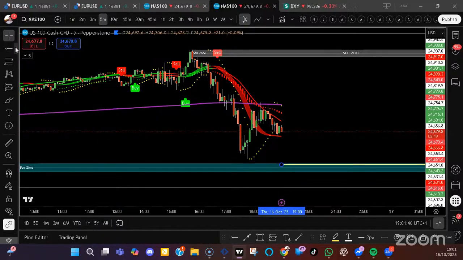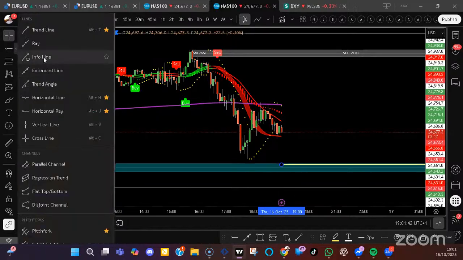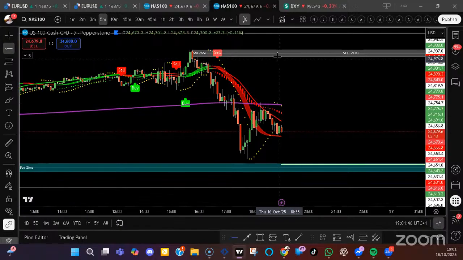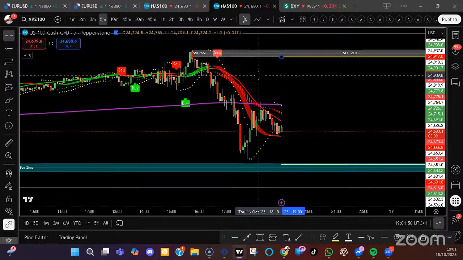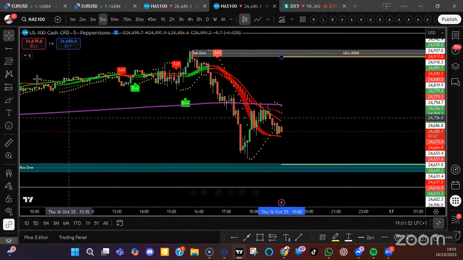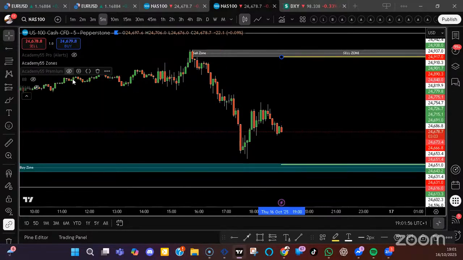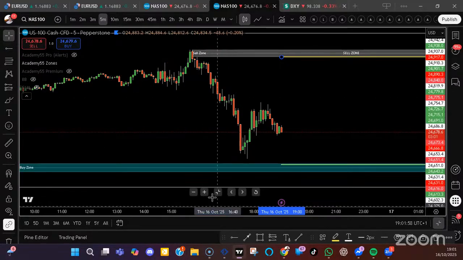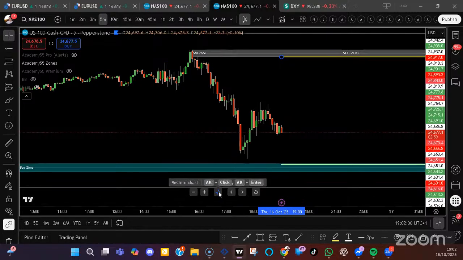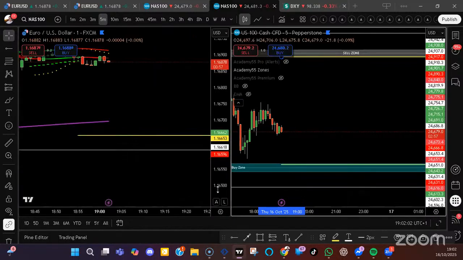That's the buy zone. And we've got the sell zone up there. So we're slap bang in the middle, really. So let's just see if we can find any significance with these support and resistance lines on the NAS100.